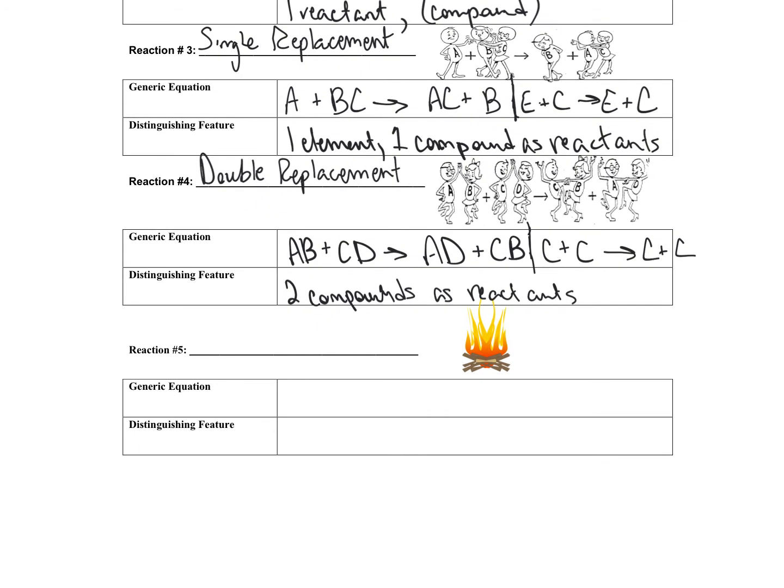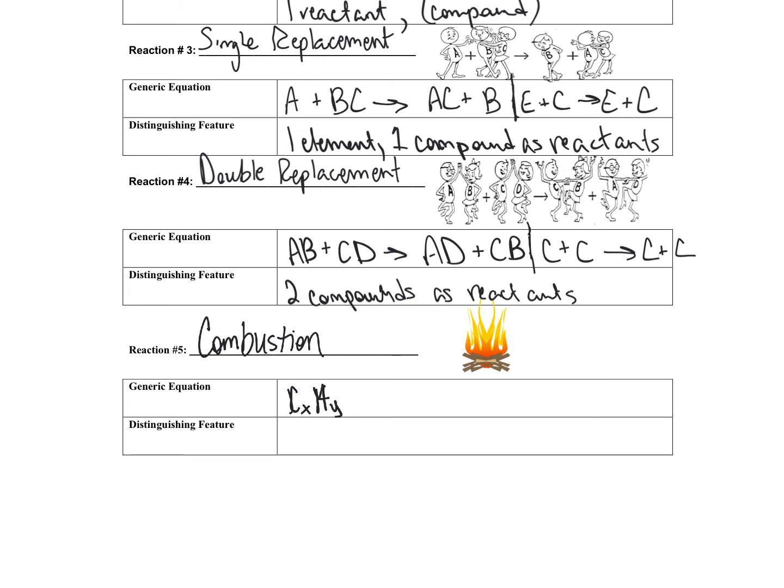The fifth kind of reaction is our combustion reaction. And it is a little bit more specific. It tends to have a little bit more pattern to it. It will always be a hydrocarbon. So remember a hydrocarbon from last year, something that's made of C's and H's. The X and the Y there are just the subscripts.